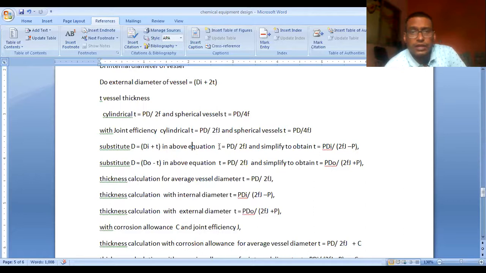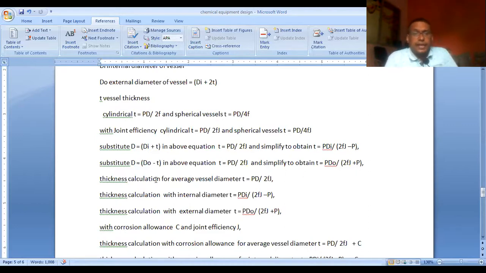Simplifying, we obtain T equals PDi upon 2Fj minus P. Similarly, substitute D equal to Do minus T in the equation T equals PD upon 2Fj and simplify, so that you get the thickness equal to PDo upon 2Fj plus P.